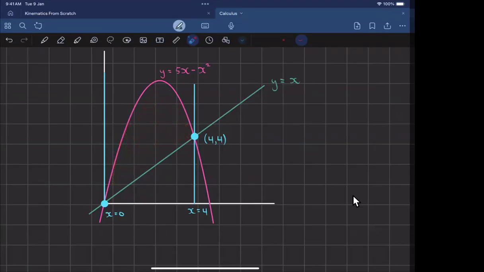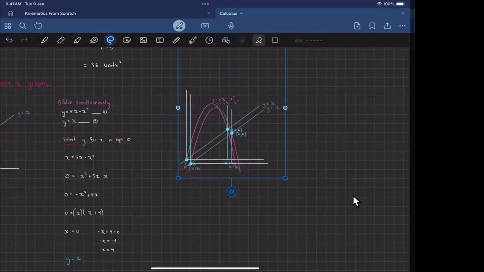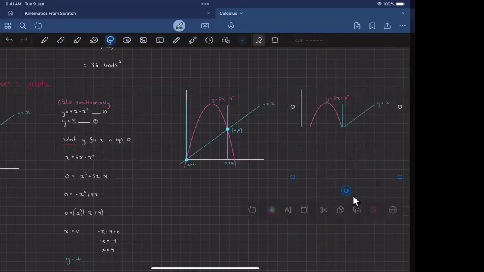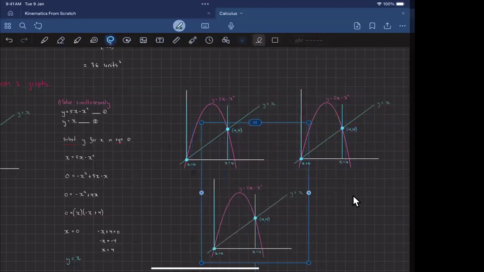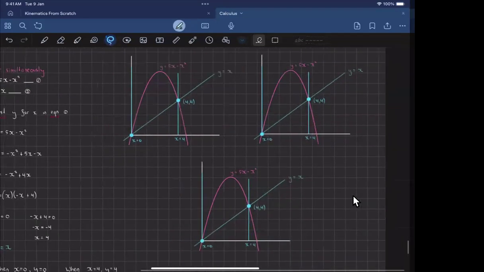Now, if you wanted, I'm going to split up this graph into two parts, so it can make sense. Pay close attention.